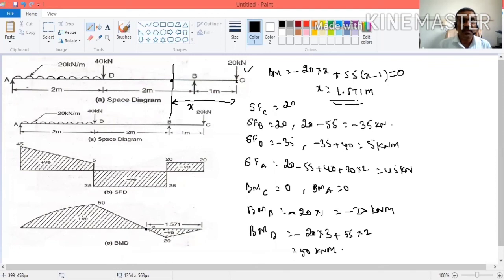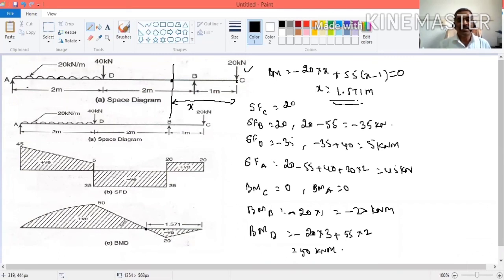Now at one point, bending moment is 0. You don't call it contraflexure just because it is 0. Here at points B, C and A it is also 0, but you don't say it is a point of contraflexure, because there the sign is not changing. Here it is only 0. But at this point, the sign is changing from negative to positive.